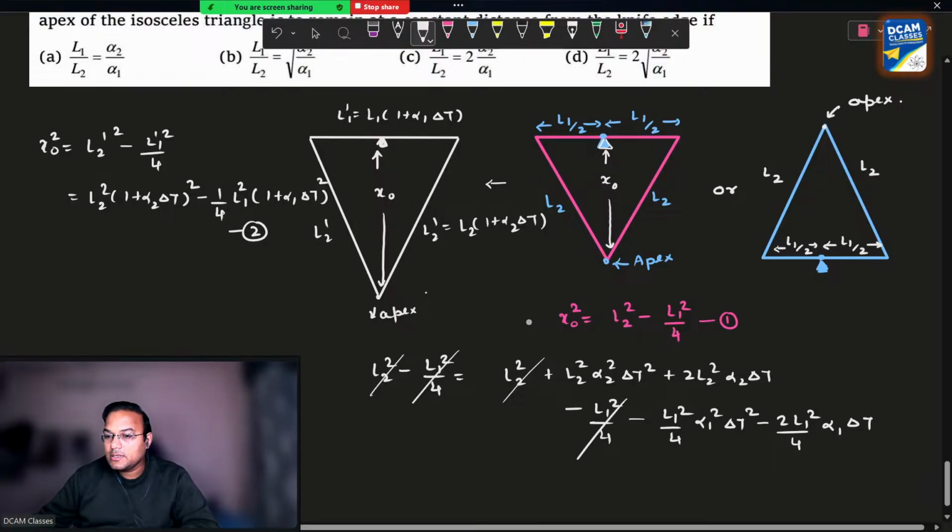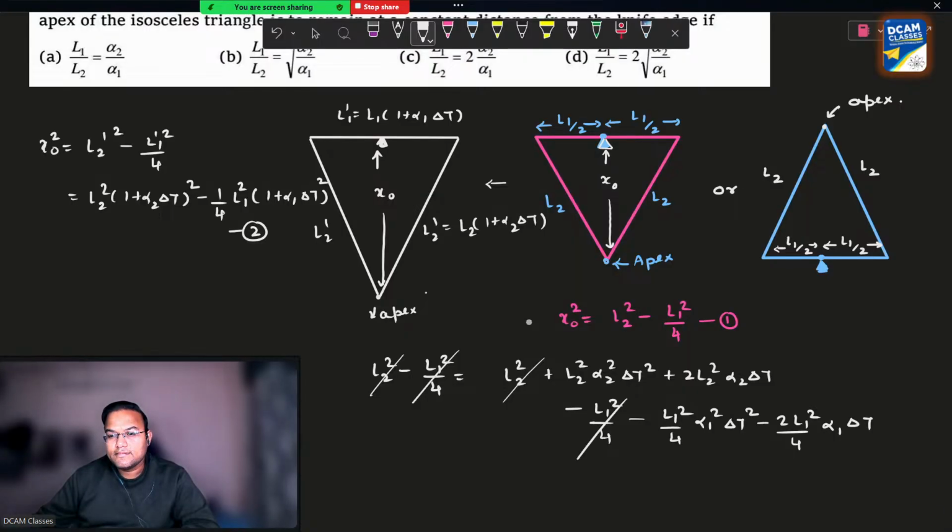This is over. Why is my delta t not getting cancelled? No, Haripriya, we have to approximate it, otherwise delta t will remain.